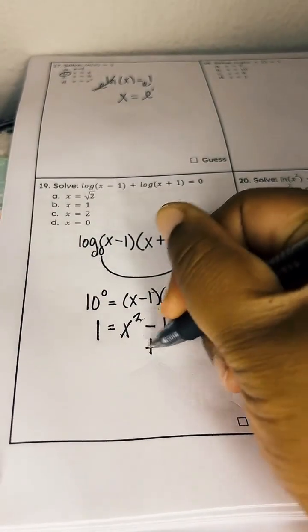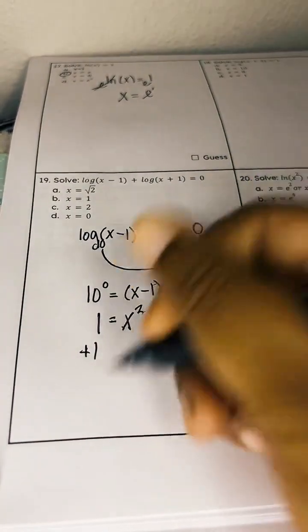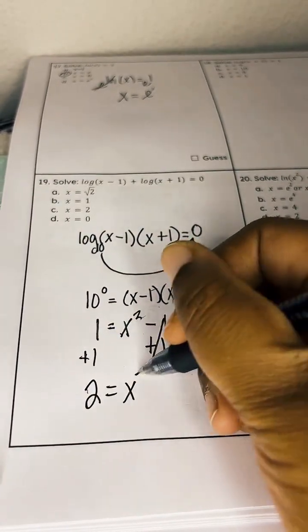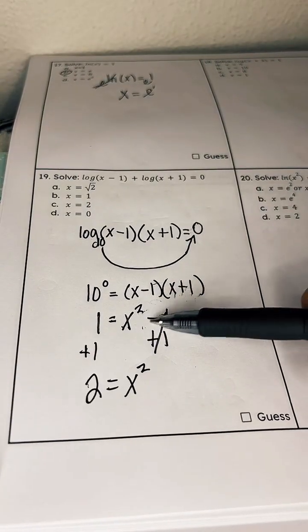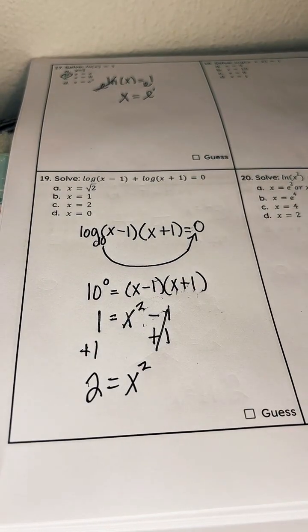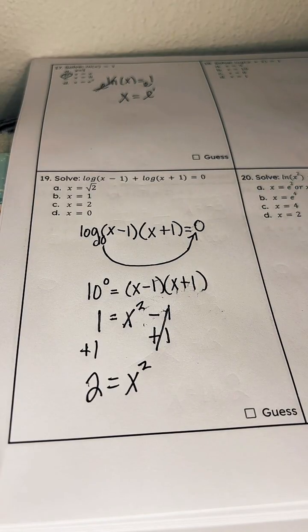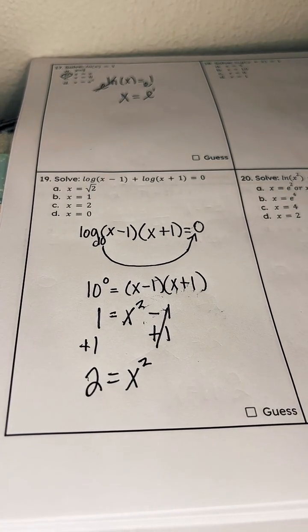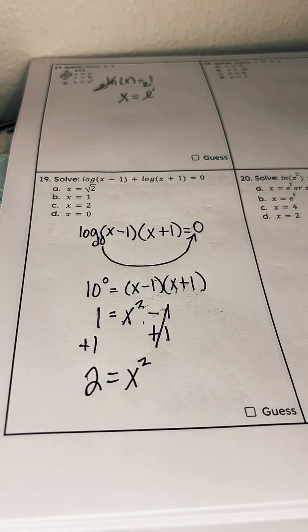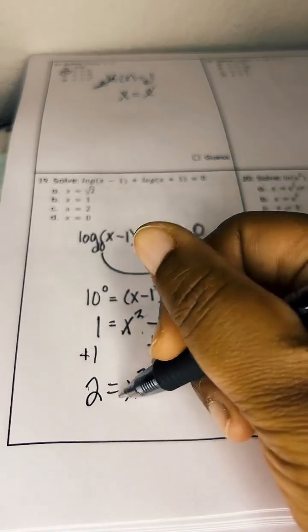All right, so now we're going to add 1 to both sides, and we get 2 equals x squared, because remember, we want to get rid of the stuff that's on the other side. And then how do we get rid of a square, you guys? Put it in the chat. We have to square root.